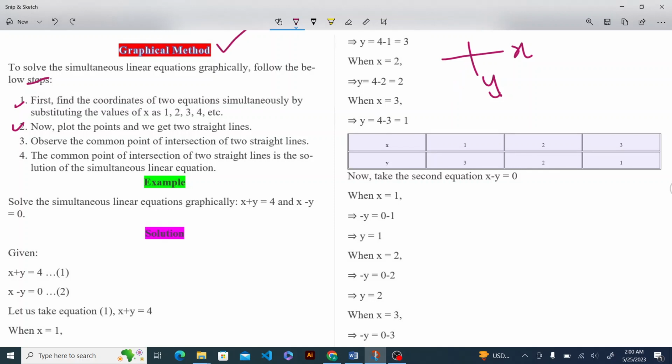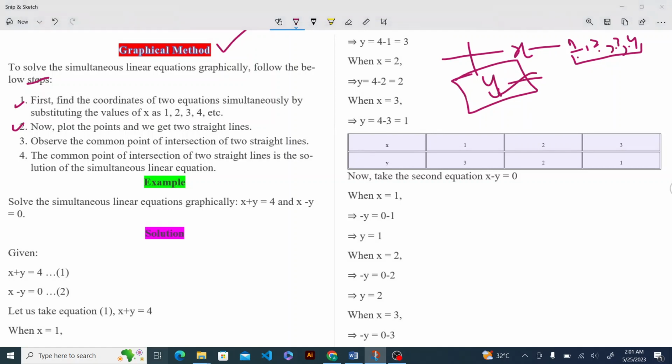So we are going to find the values for x and y coordinates by putting the value of x as 1, 2, 3, 4, because when we put the values of x equal to 1, 2, 3, 4, etc., then obviously we will find the values for y as well, because we will put the values of x in the given simultaneous equations and find the values for y. Okay, so this was the first step.